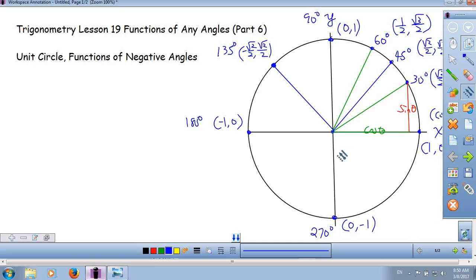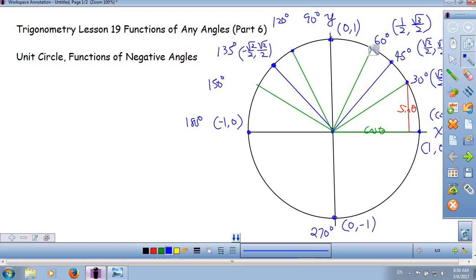Alright, then let's take a look at the angles that are 30 degrees away from 90 and 30 degrees away from 180. This angle is going to be 120 degrees, and this angle is going to be 150 degrees.